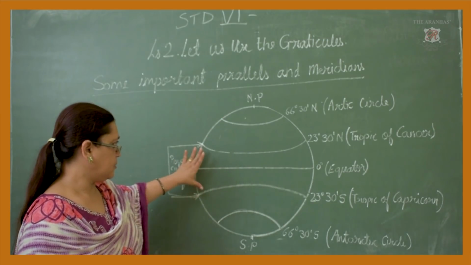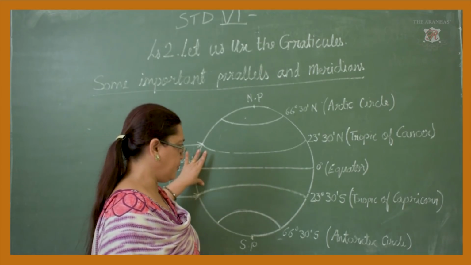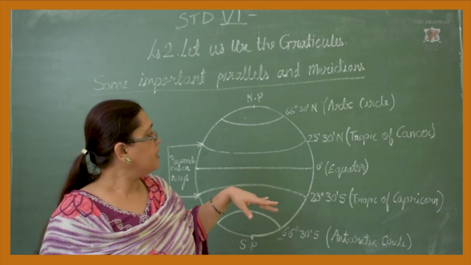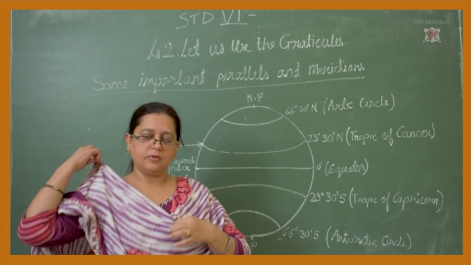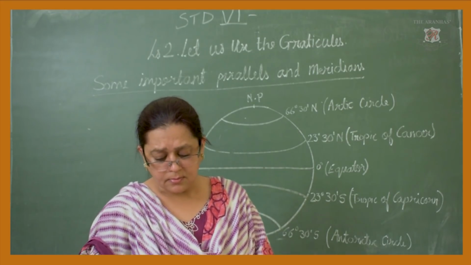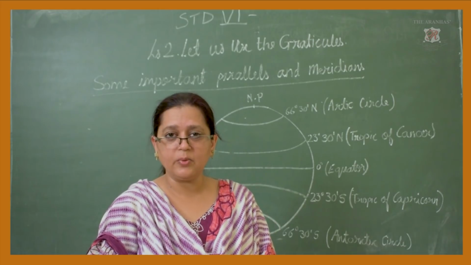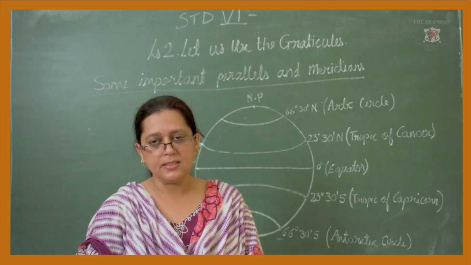At the Tropic of Cancer and Tropic of Capricorn, the daytime is limited within 24 hours, with 12 hours day and 12 hours night.